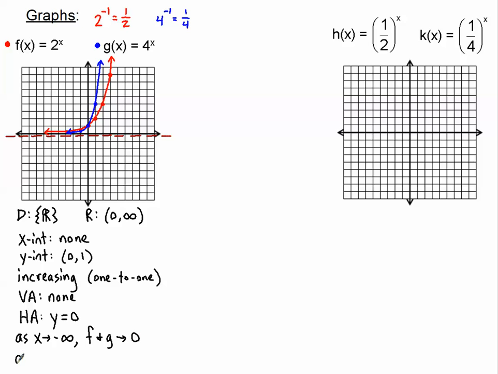That's the far left end. The far right end, as x approaches positive infinity, let's see what's happening. As we increase the value of x, right, right, right, the functions are skyrocketing all the way to infinity. So f and g are both trying to reach infinity.